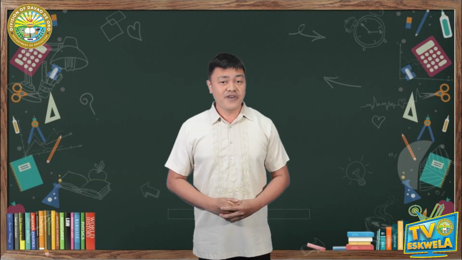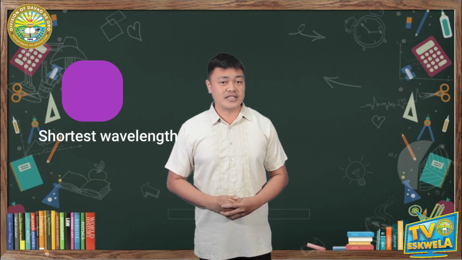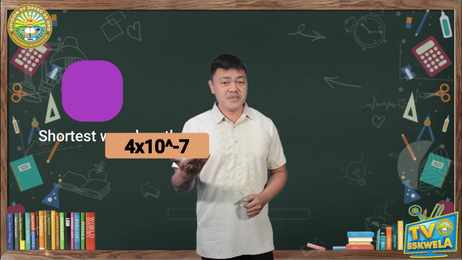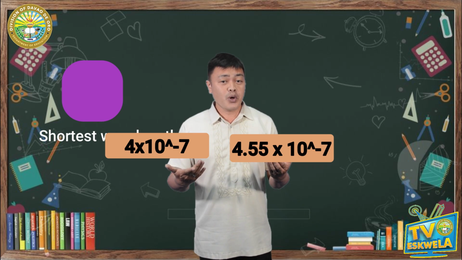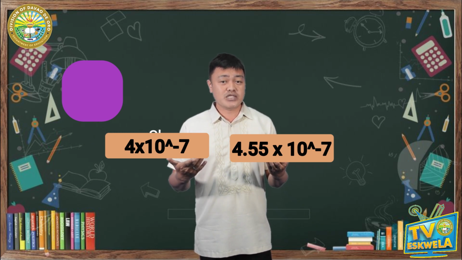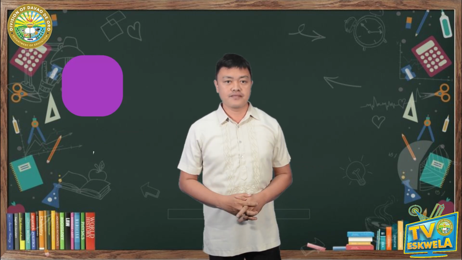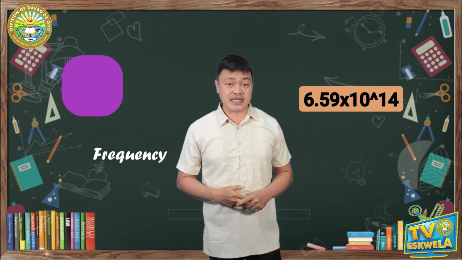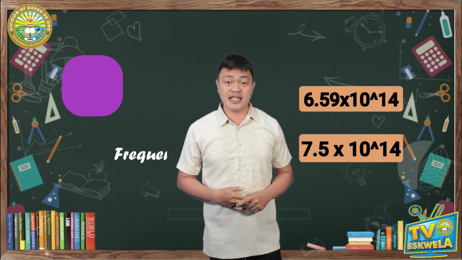And violet has the shortest wavelength of 4 times 10 raised to the power of negative 7 meters to 4.55 times 10 raised to the power of negative 7 meters, and a frequency of 6.59 times 10 raised to the power of 14 to 7.5 times 10 raised to the power of 14 hertz.